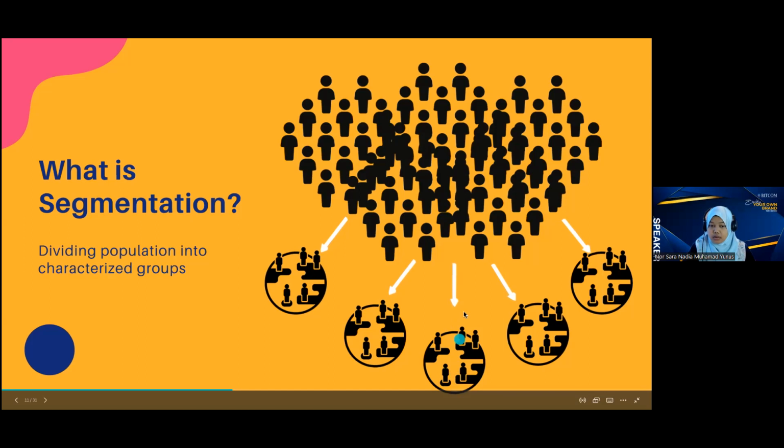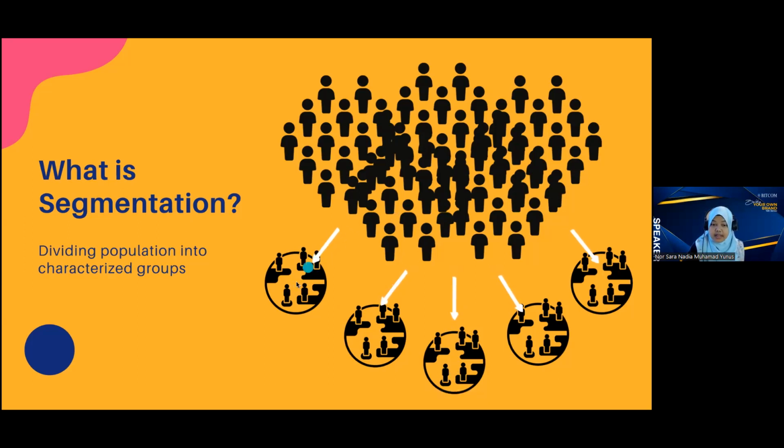Internally, the people in the first group share similar characteristics, but when we compare one group to another, the sets of characteristics are totally different. This is what we mean by segmenting our population. Because the population is so huge, we don't know what to do, so first we segmentize into all these subgroups.